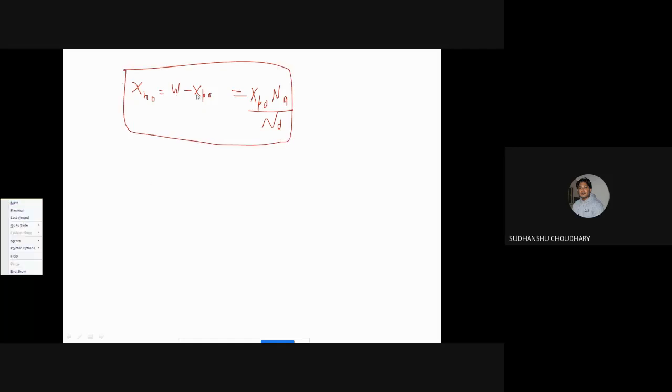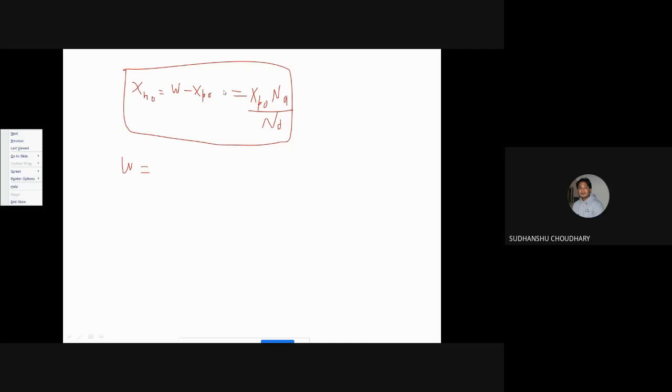So from this I can find out W. W is how much then? I'll simply take this Xp naught to the right hand side. So W becomes Xp naught, taking Xp naught as common, times Na by Nd plus 1.